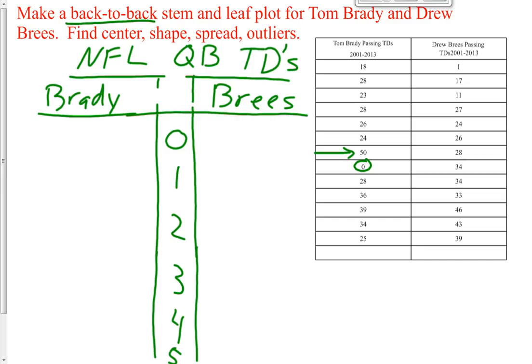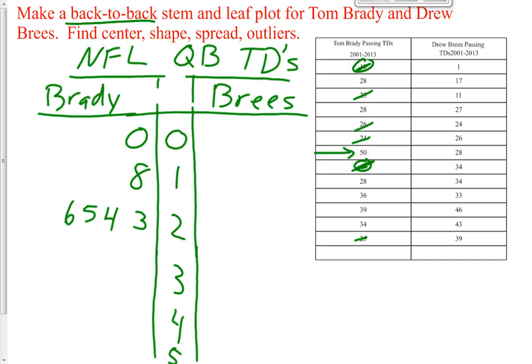Okay? All right. So Brady has 0 touchdown passes, so 0, 0 is how you would write that first data entry. That takes care of this one. What's the next lowest? Looks like he had an 18 season, so 1-8 would go there. Next lowest, I see a 23 and a 24. Keep going, we see a 25 and a 26.